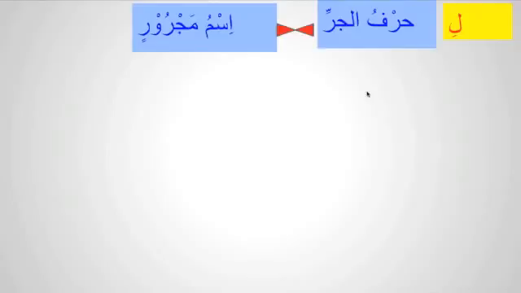With li, the hu will remain the same, while li becomes la. So instead of lihu, because lihu is more difficult to pronounce, it's pronounced as lahu. Li means belong to. Lahu means belongs to him. Lahu mulku samawat, to Him belongs the dominion of the heavens.